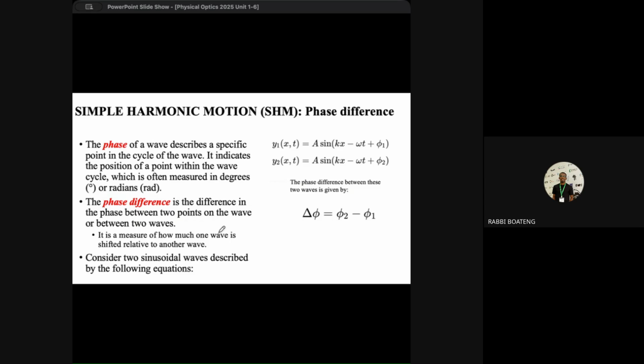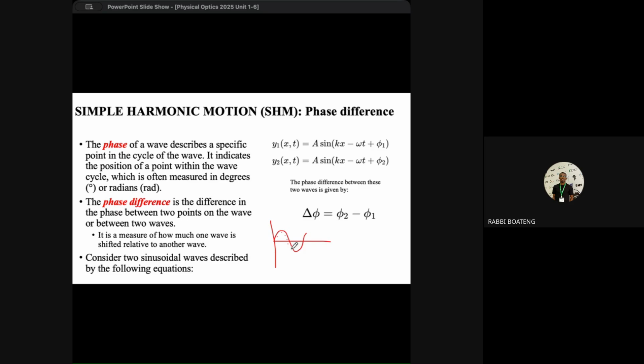Is that okay? At which point particularly is the wave? So if we have our cycle behaving something like this, the waveform, and we are talking about phase, we want to know which point particularly the wave is on this particular cycle.